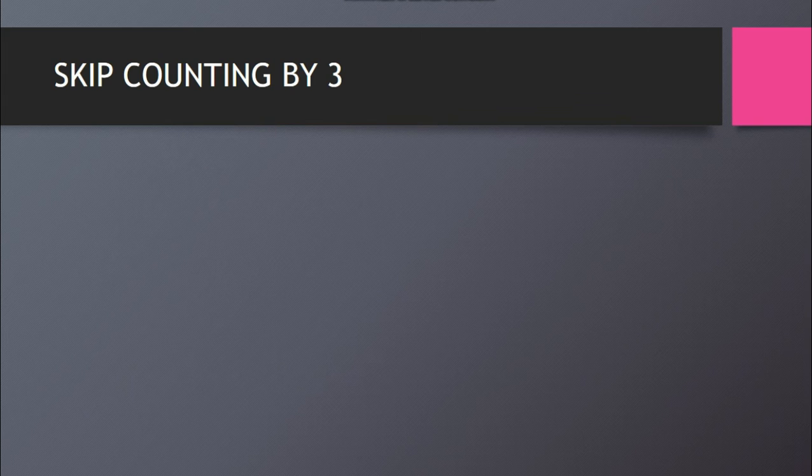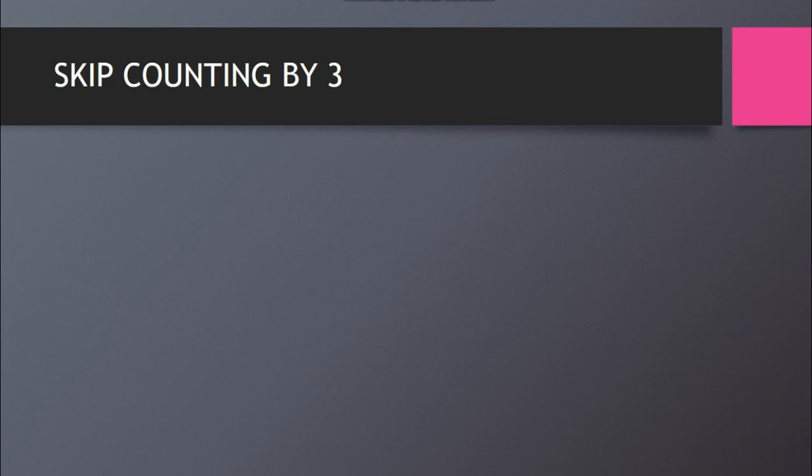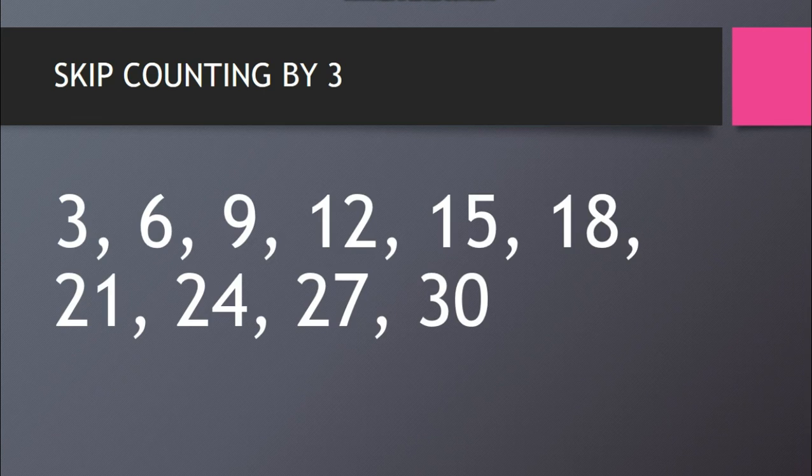Okay, now let's remember, let's do skip counting by 3. Okay, so we have 3, 6, 9, 12, 15, 18, 21, 24, 27, 30. Now try to write it down without any copy, for you to remember the skip counting by 3. Doing good? Okay, so we have the skip counting by 3.